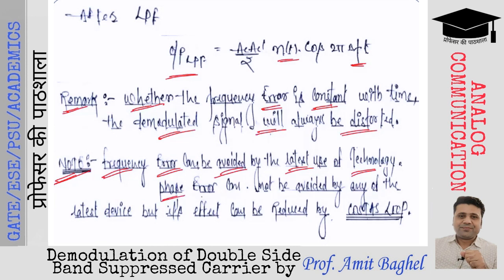But the phase error cannot be avoided by any of the latest devices. But its effect can be reduced by the Costas loop.